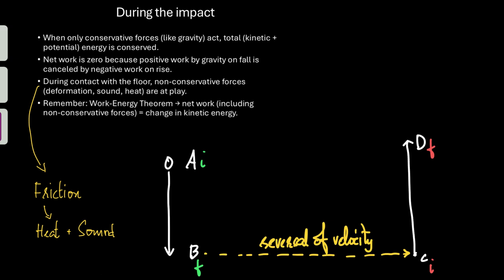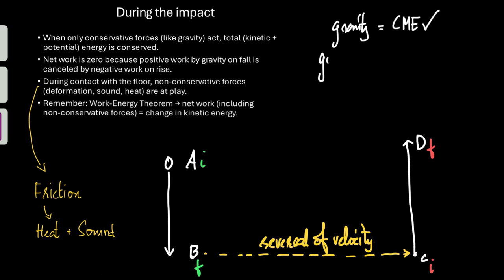During contact with the floor, due to forces like friction, which is a non-conservative force, what does that imply? If the body is acted on only by gravity, you can apply the conservation of mechanical energy theorem. It holds true.